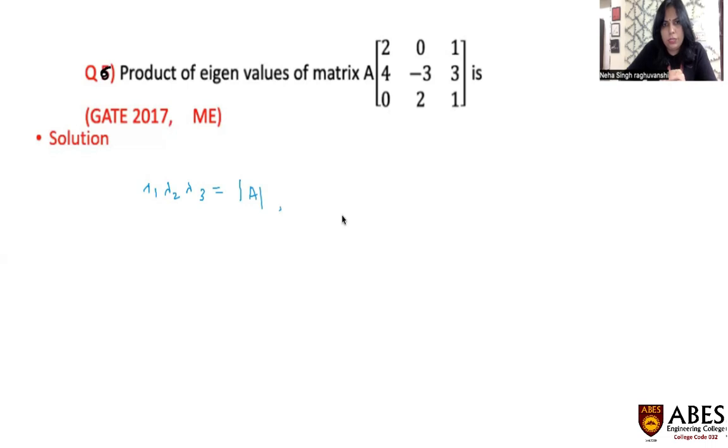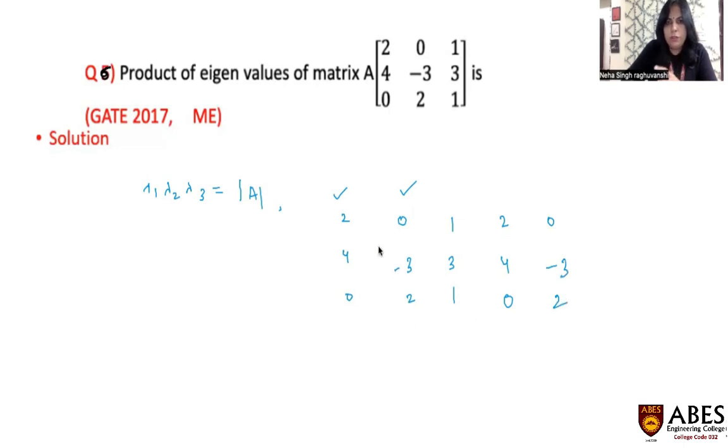What is the shortcut method? You write the matrix, that is 2, 4, 0, 0, minus 3, 2, 1, 3, 1. Then you repeat the first two columns, that is 2, 4, 0, 0, minus 3 and 2.